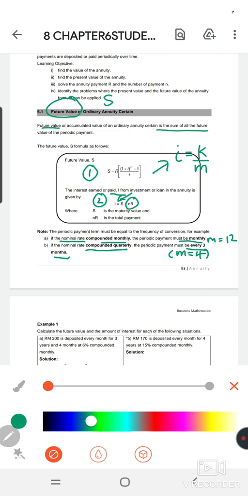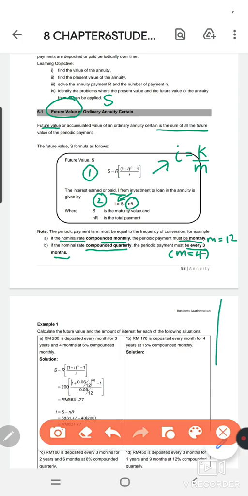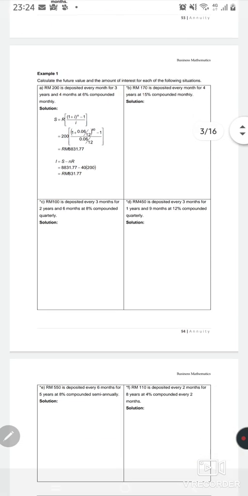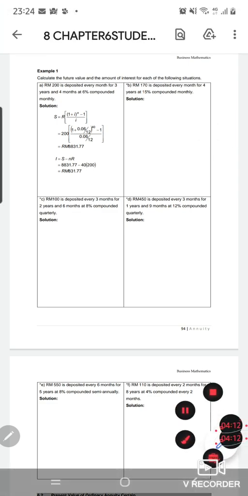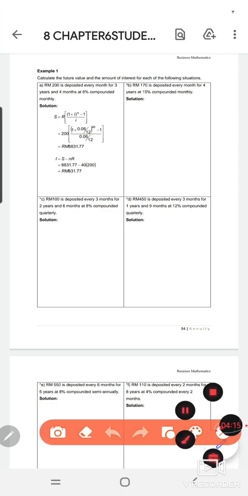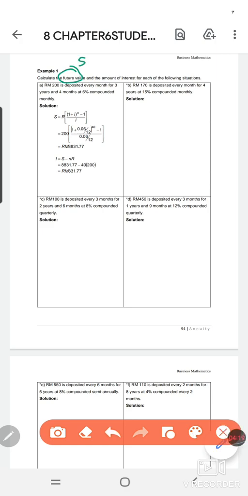Okay, so next we can discuss example 1. Calculate the future value. So it means that we need to find S and the amount of interest, I, for each of the following situations.